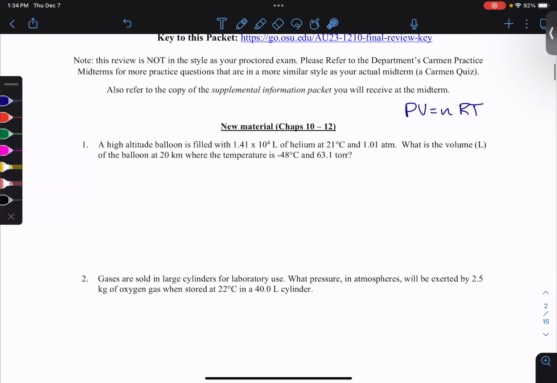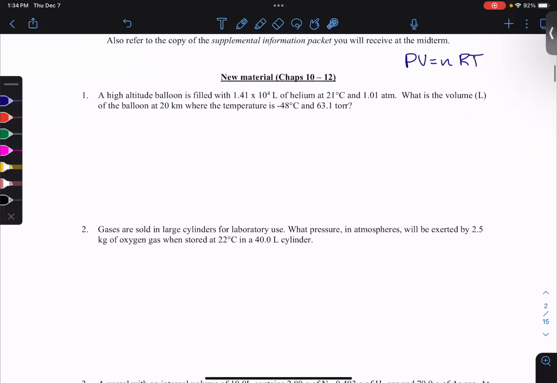So let's work through these problems. Chapter 10, we have a high altitude balloon, and it has this volume at this temperature and pressure. What is the volume of the balloon at 20 kilometers high, where the temperature is this and the pressure is that? So it sounds like we are solving for a volume.